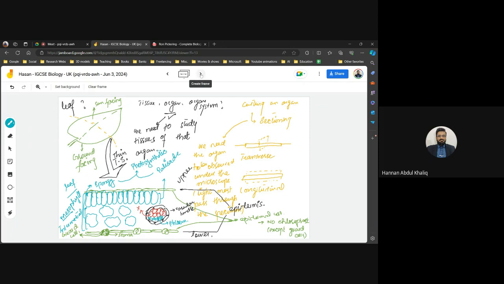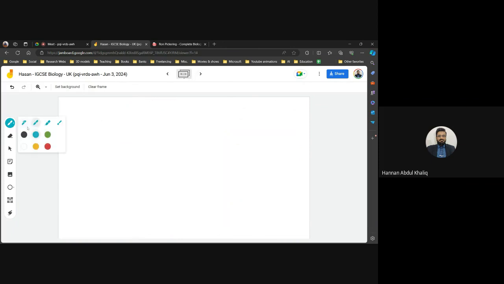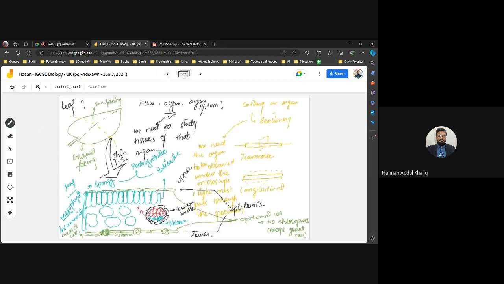Okay, now, first of all, we need to understand the palisade and spongy mesophyll difference. I will tell you the difference, but first of all, have a very detailed look at this slide.